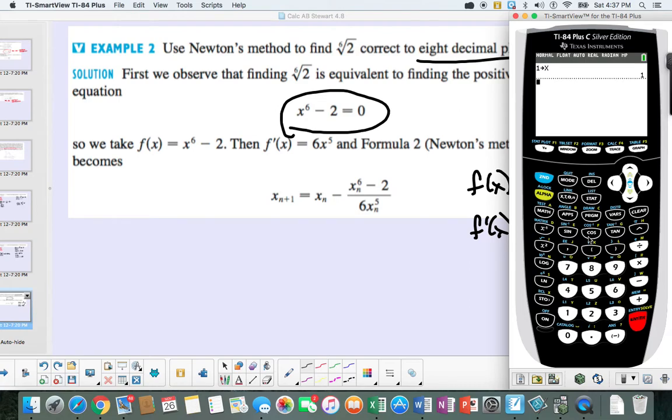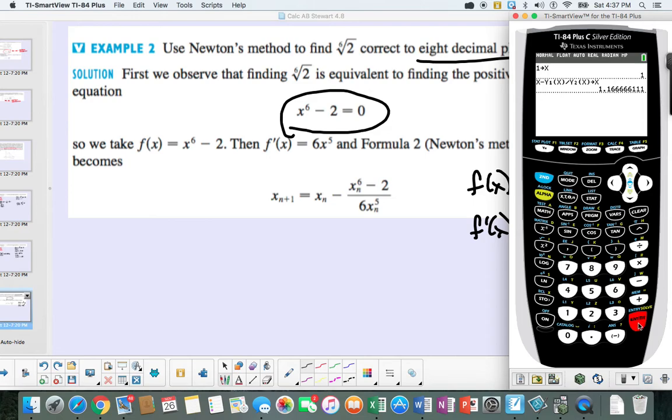And I know the formula is my first guess minus the value of the function at x, and x currently is 1, divided by the derivative, which I've stored into y sub 2, at that x. And all of this will be stored into my new x right here. And so I'm going to enter.